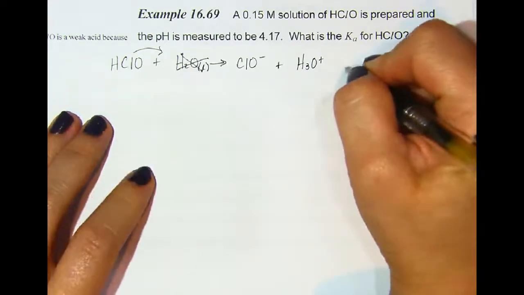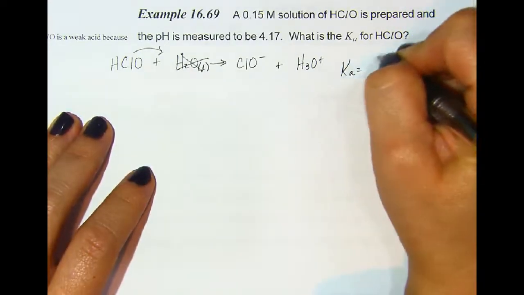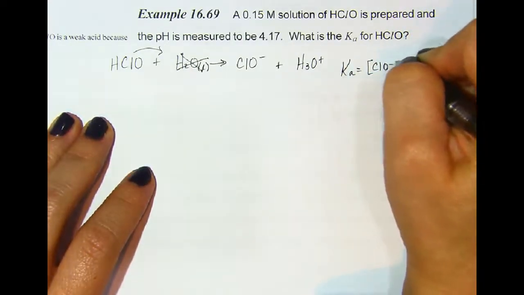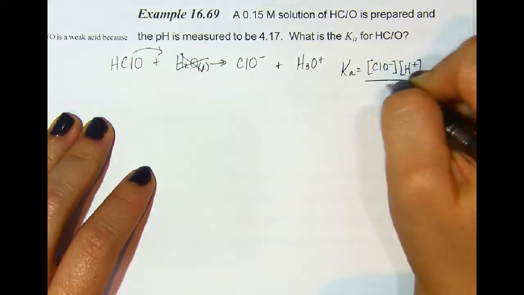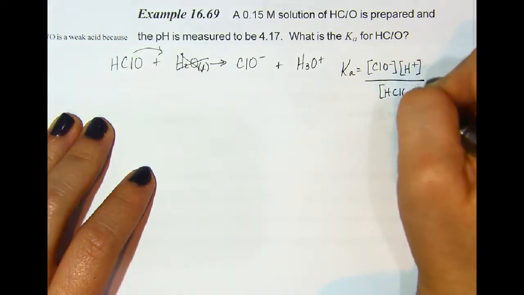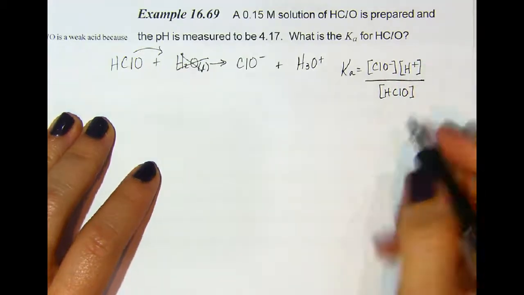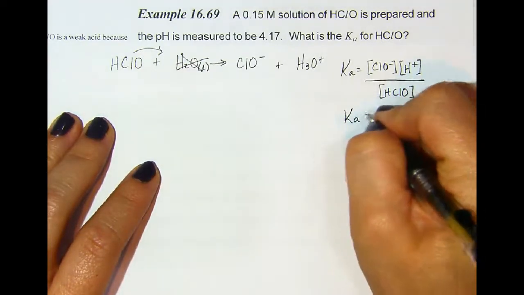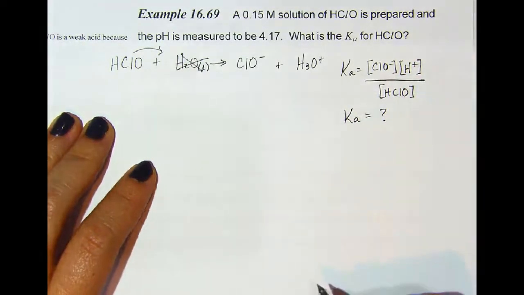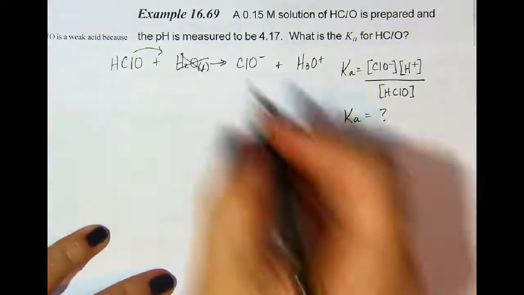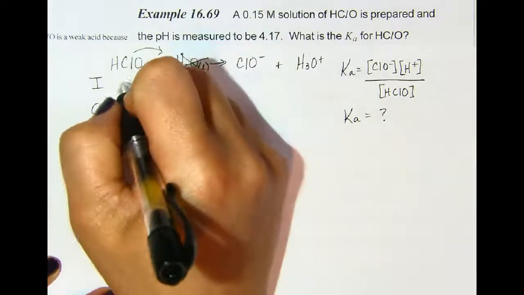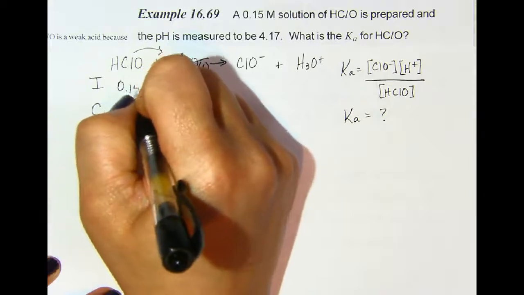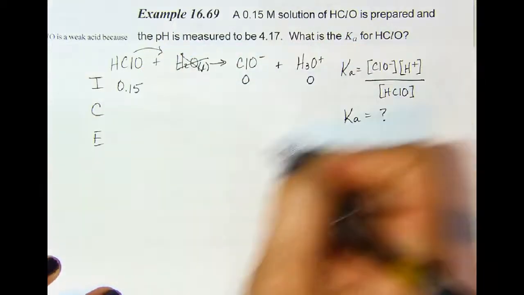The law of mass action is going to be Ka equals hypochlorite times hydrogen ion, or hydronium, divided by hypochlorous acid. And then what we want to know is, what is this K value? So we know that initially we had 0.15 of this, 0 and 0 of that.